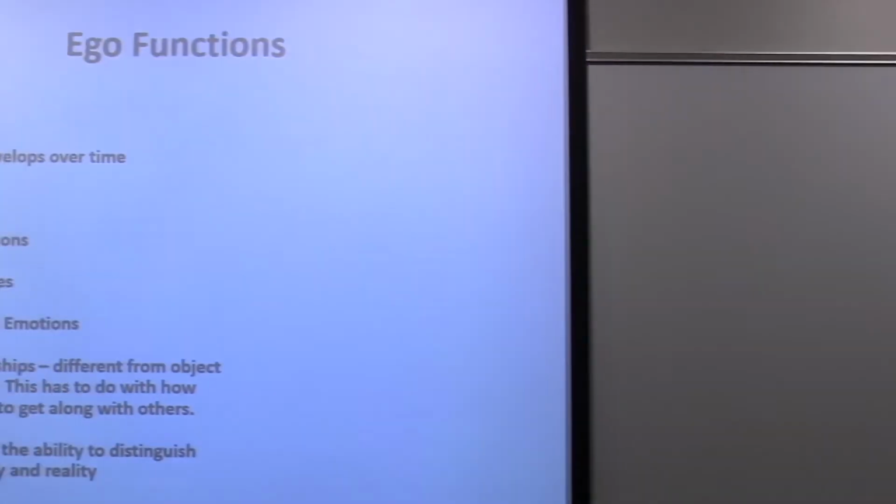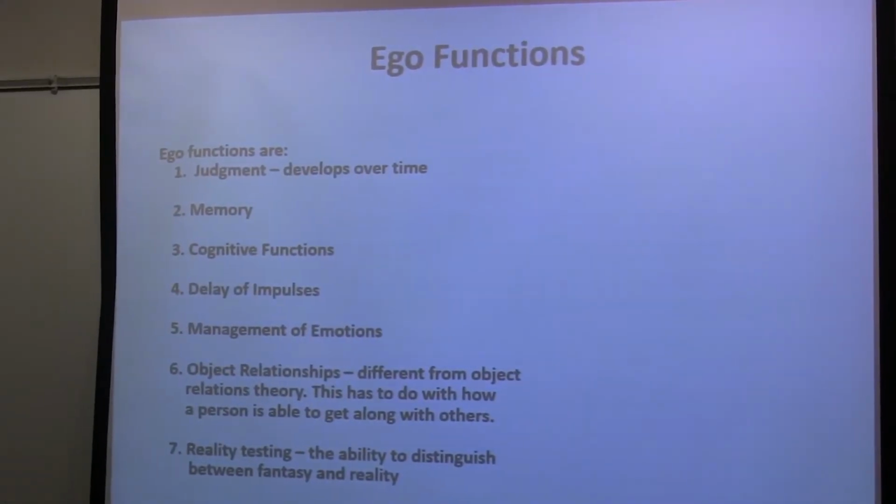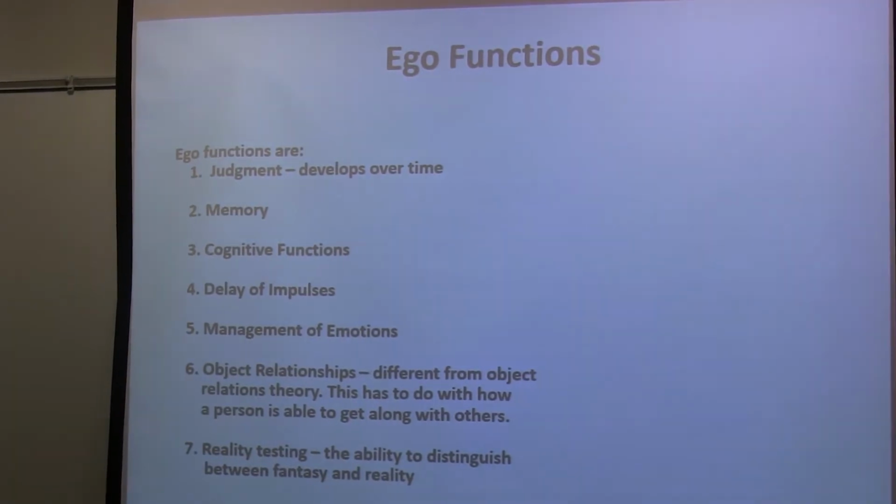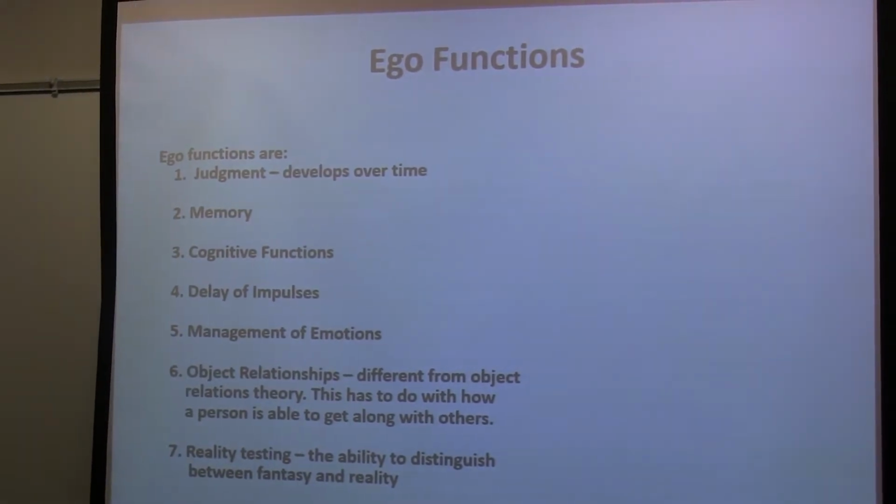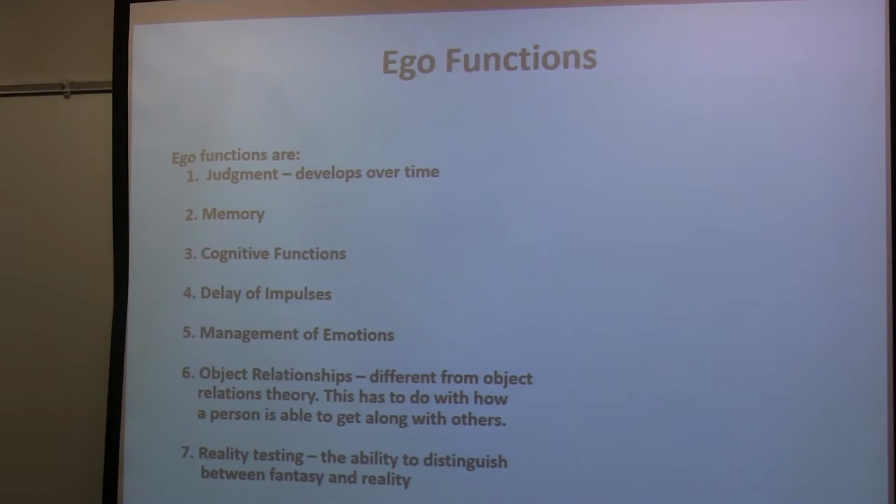The ego functions are judgment, of course, which develops over time. So think about a 3-year-old does not have the judgment that a 10-year-old has, does not have the judgment of a 17-year-old, and certainly a 17-year-old doesn't have the judgment of an adult. For instance, we know today we have research that tells us the human brain is not fully developed till the age of 26. Judgment develops over time.